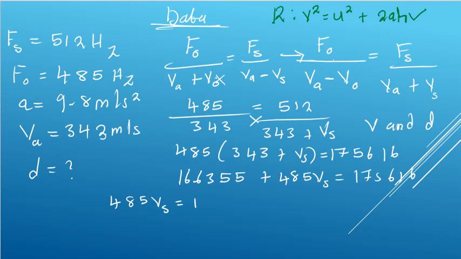So Vs is equal to 175,616 minus 166,355. Let's try to see if what we have done is correct.